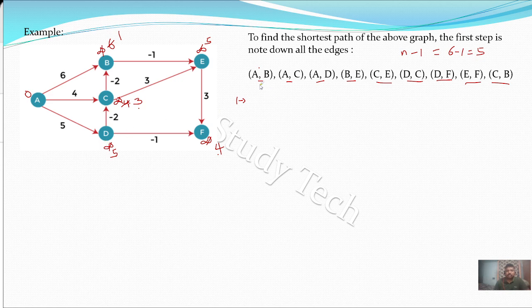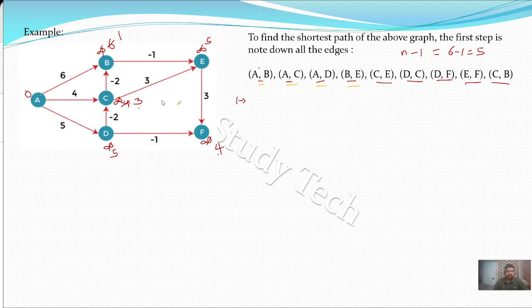Now A to B is 0 plus 6, that is 6, here 1 is there, that is the minimum, leave it. A to C is 0 plus 4, 4, but here 3 is there, that is the minimum, leave it. A to D is 0 plus 5, 5, but 5 is also there, so leave it.